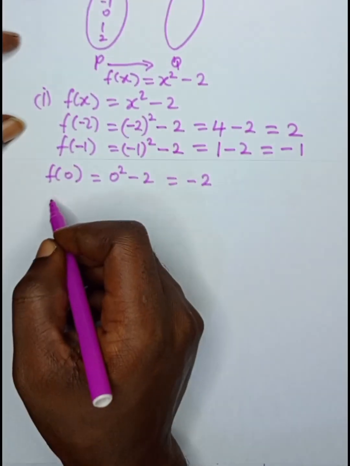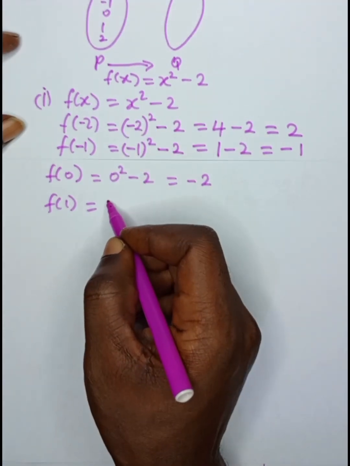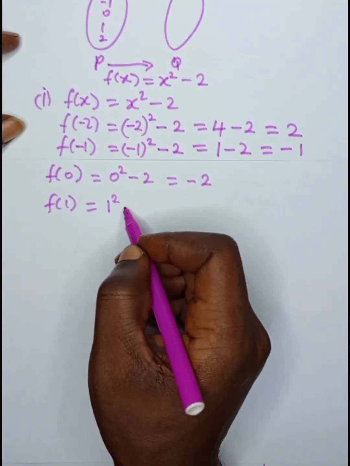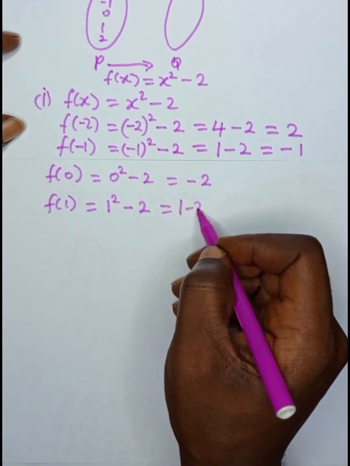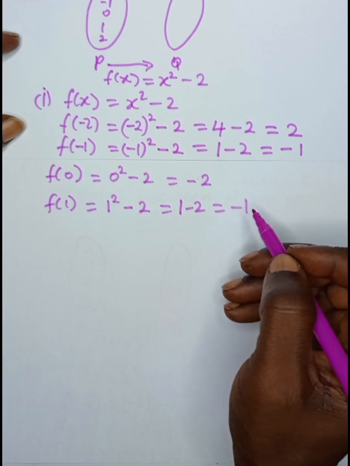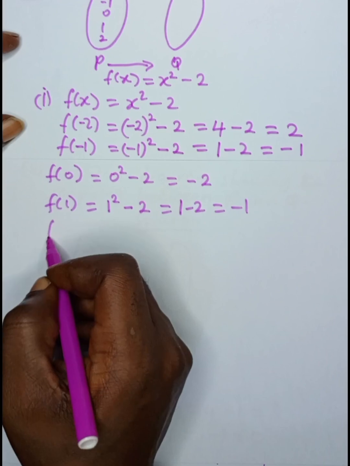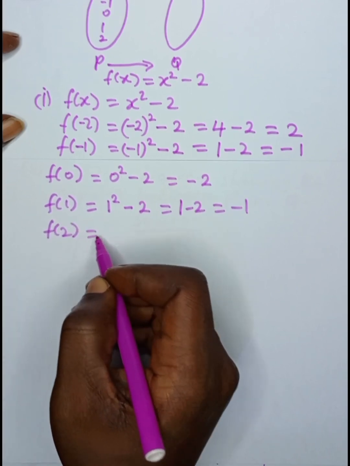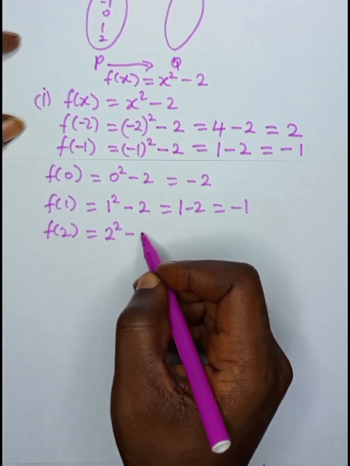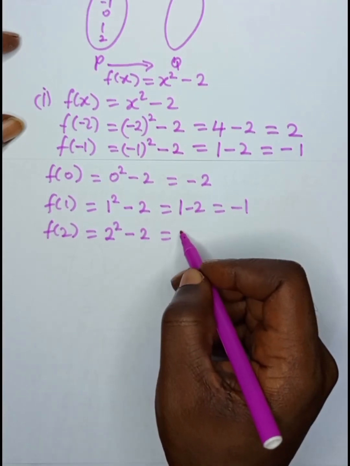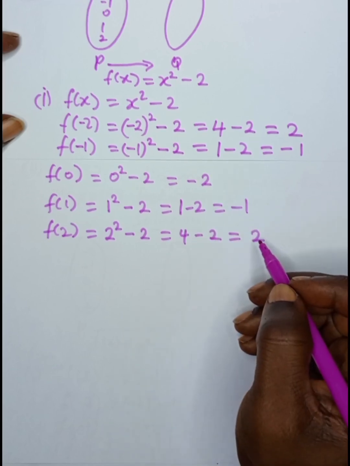When x is equal to 1, we have f of 1 equals 1 squared minus 2. 1 squared is the same as 1, minus 2, which is equal to -1. Lastly, when x is equal to 2, we have f of 2 equals 2 squared minus 2. 2 squared is 4, minus 2, and the final answer is 2.